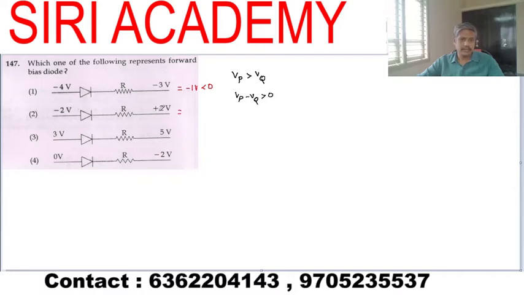This one, minus 2 minus 2, is minus 4 volt, that is also less than 0. And the third one will be 3 minus 5, minus 2 volt, that is also less than 0. Whereas the fourth one is 2 volt, that is greater than 0. So the fourth option is the correct answer of this question.